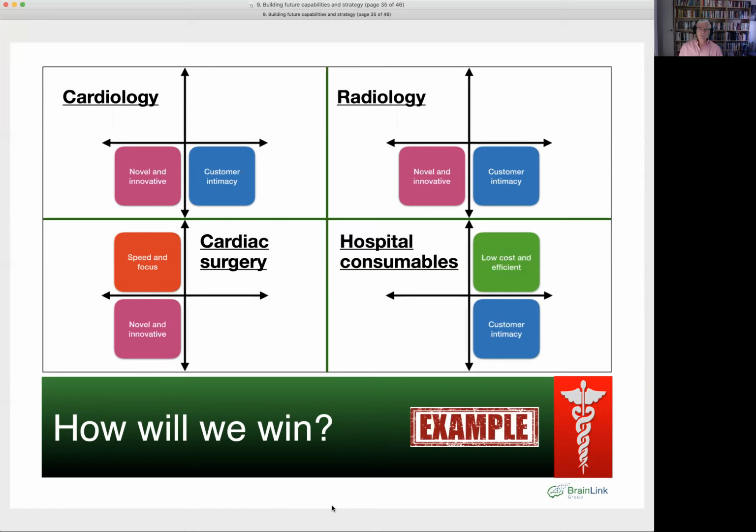So you think very carefully about how we will win in each market based on how their customer needs are in fact shaping up.